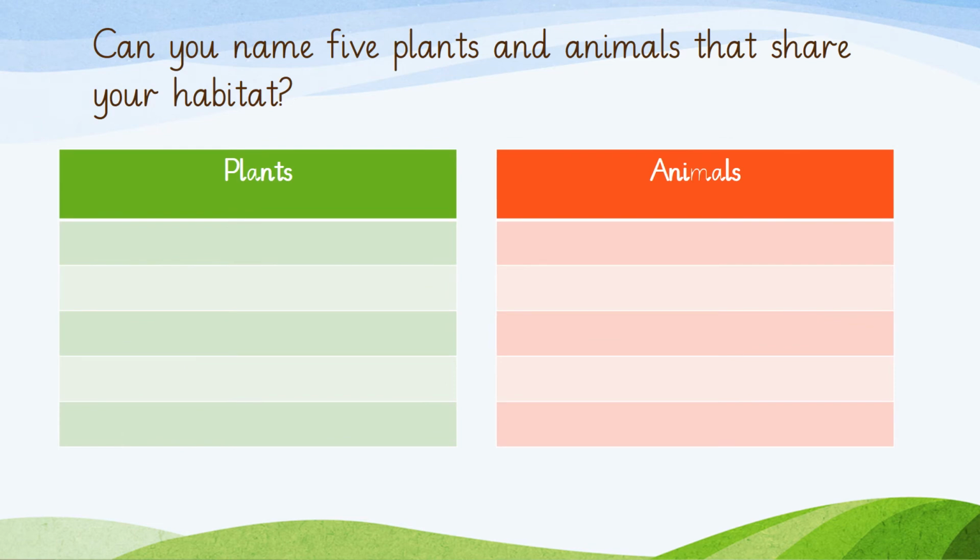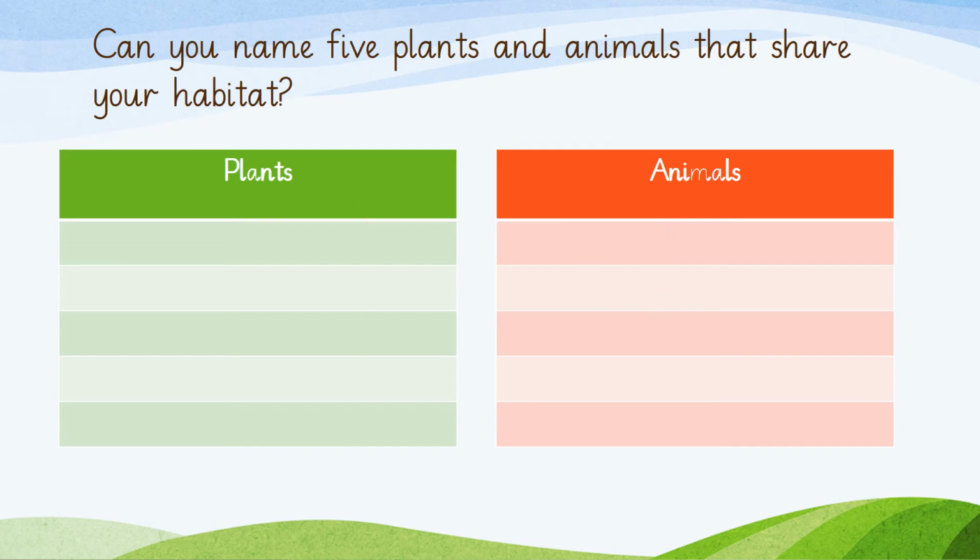Can you name 5 plants and animals that share your habitat? Think of some plants and some animals that are present in the area where you live. You need to put their names in order.